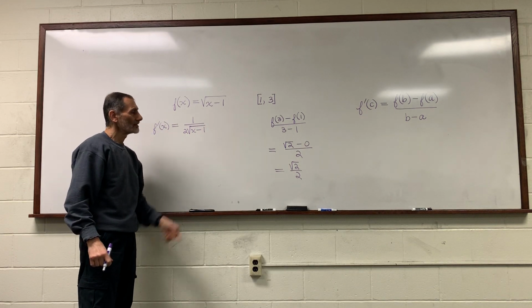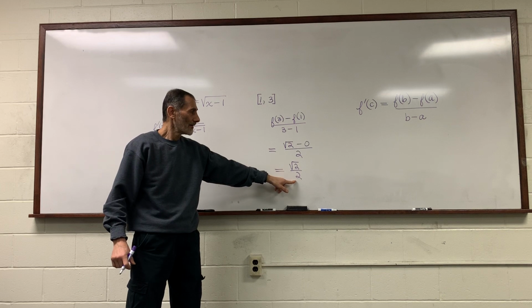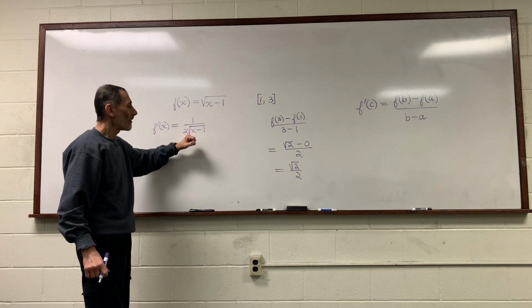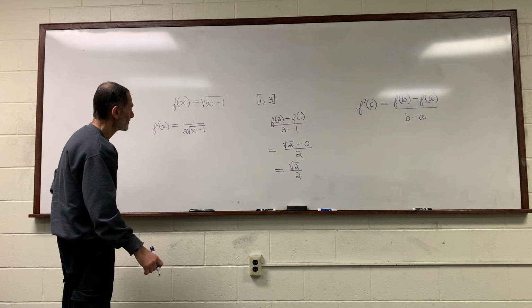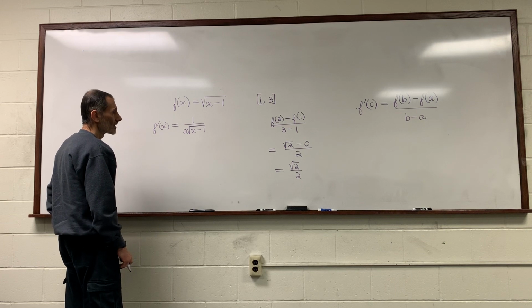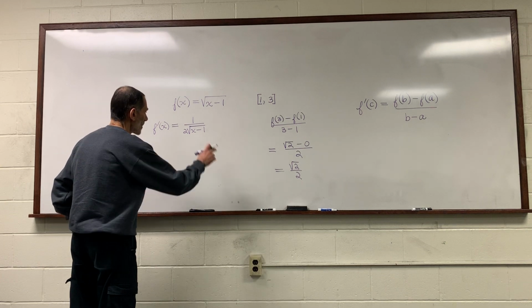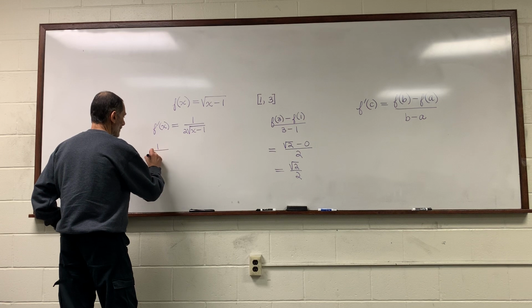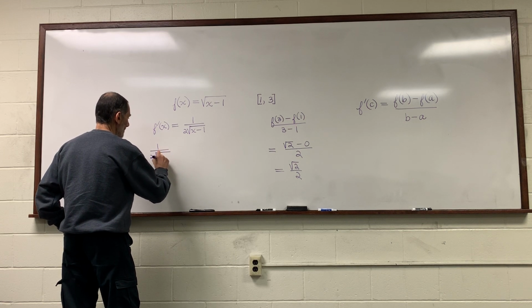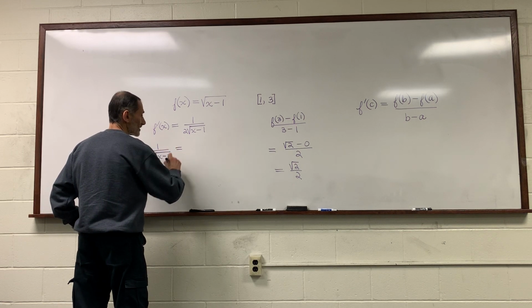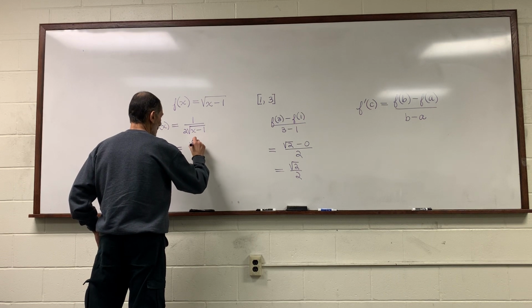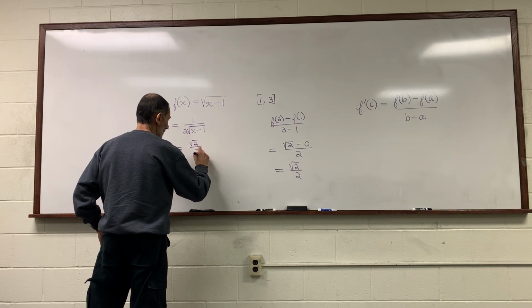We need that to equal that. And we'll solve for the x value, which will be our c. So, if 1 over 2 times the square root of x minus 1 equals the square root of 2 over 2.